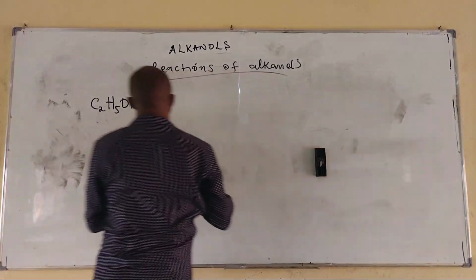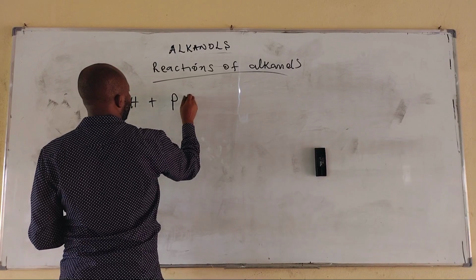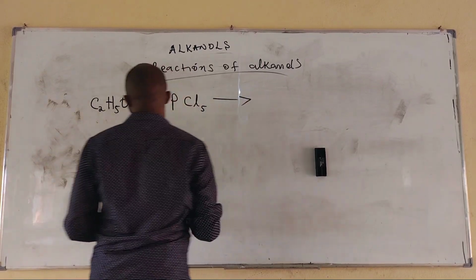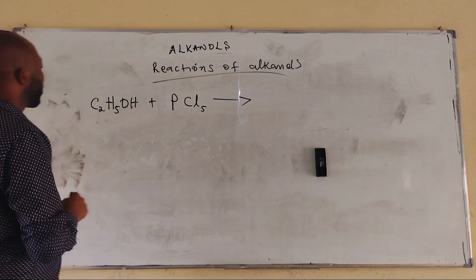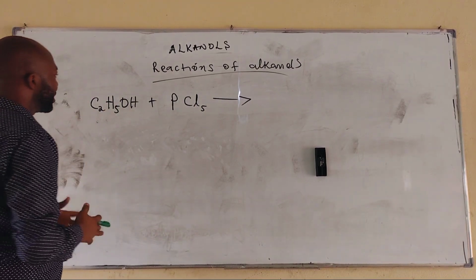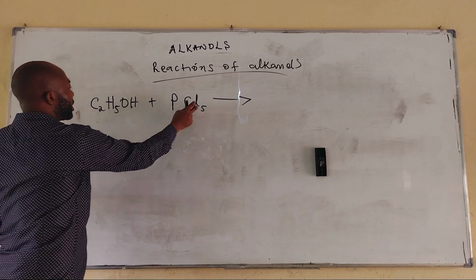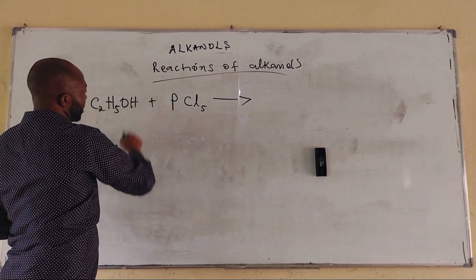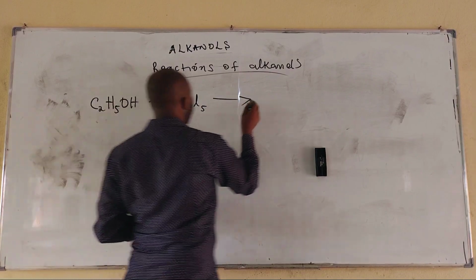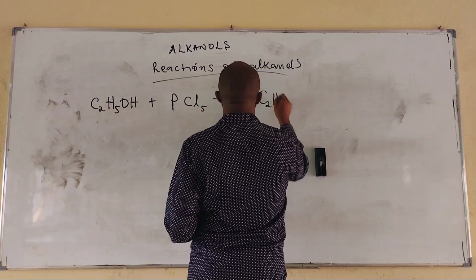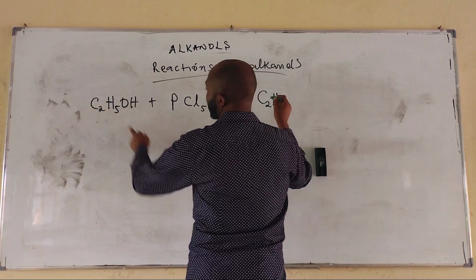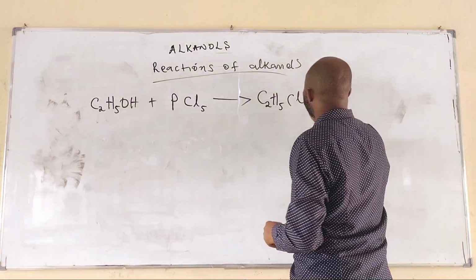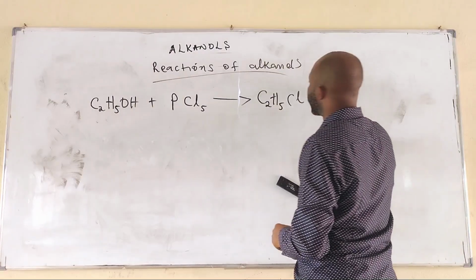We want to form haloalkanes, which means the halogen will replace the hydroxyl group. So what are we going to have? We have C2H5Cl. One chlorine will replace it. So this is our haloalkane.